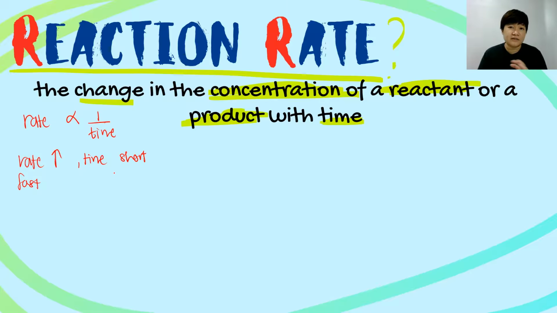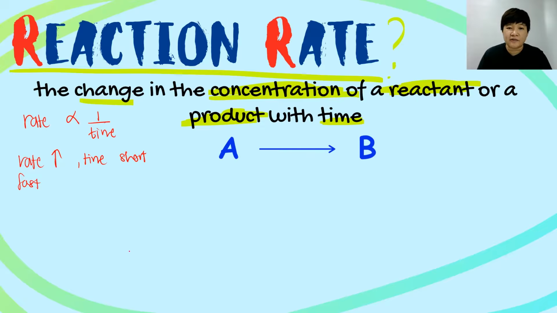Therefore, the time taken for the reaction will be very short, so for the reactant to become the product, the time taken will be very short. That's why the rate is inversely proportional to the time. The shorter the time, the faster the rate. The longer the time, the slower the rate. That is what is meant by reaction rate at this moment.